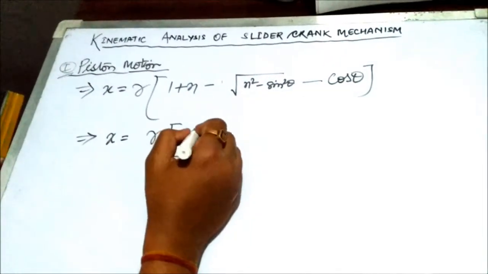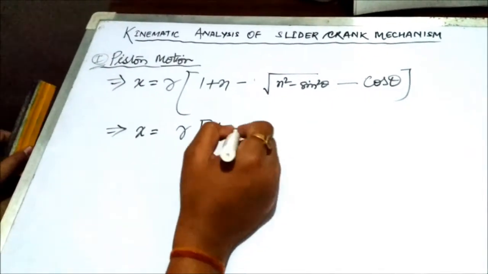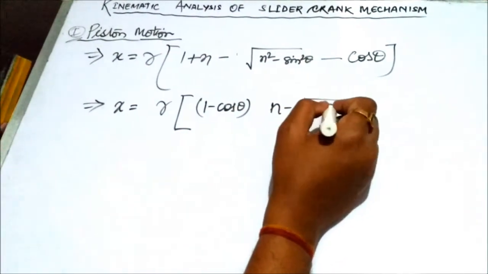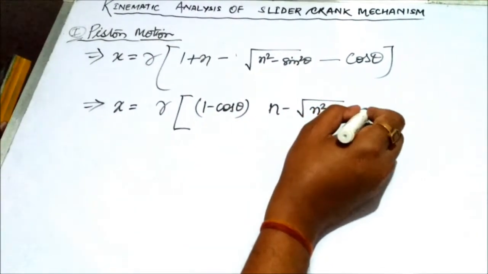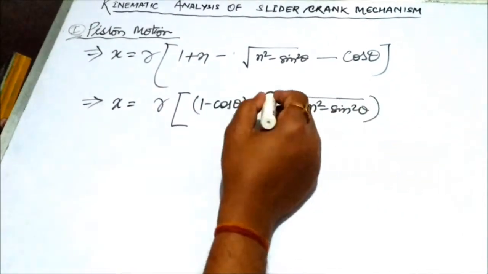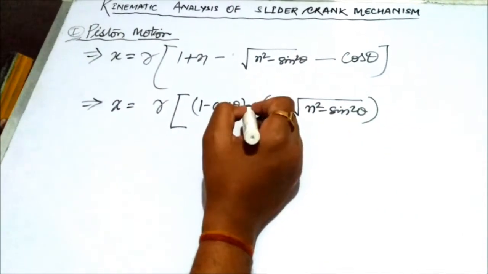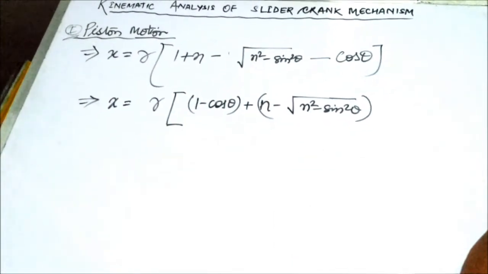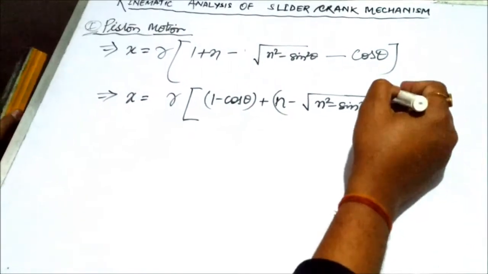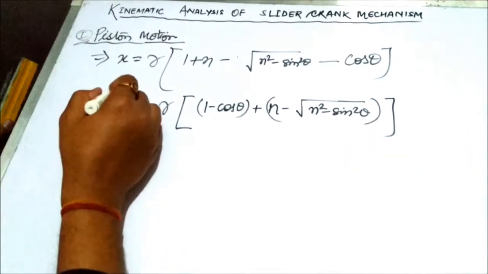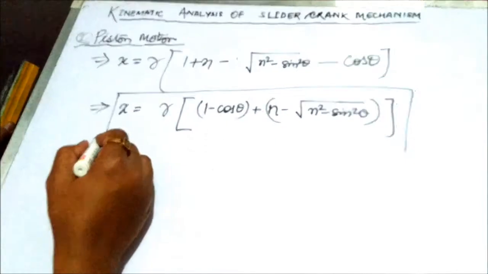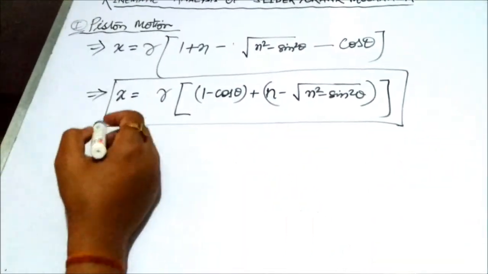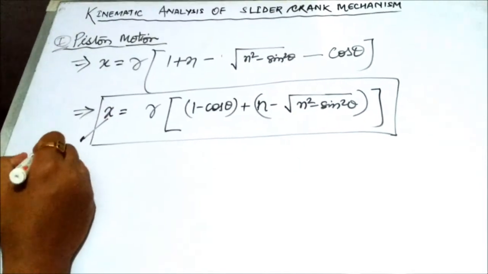Okay, now this is the expression for displacement, that is how much the piston has been displaced, and this is the crank radius, and this is theta. Theta is the angle turned by the crank from inner or top dead center. Please be cautious, I am repeating, be cautious taking theta only from the top dead center or inner dead center.